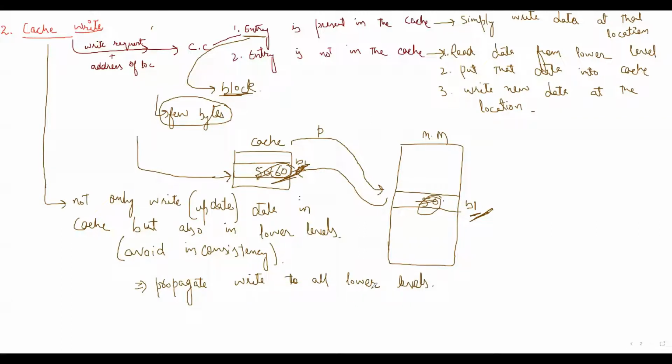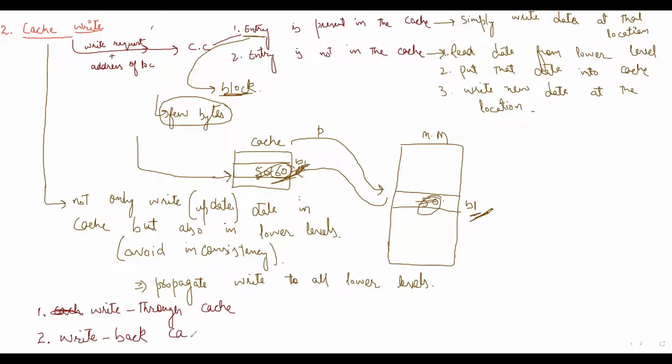Now there are two choices of doing this propagation. The first choice is a write through cache, and the second possibility, or we can say second type, is a write back cache.